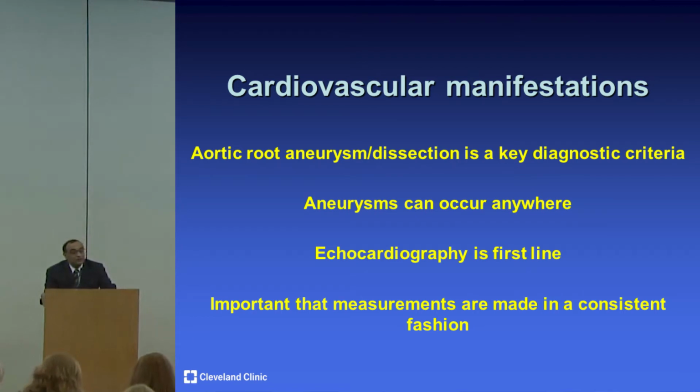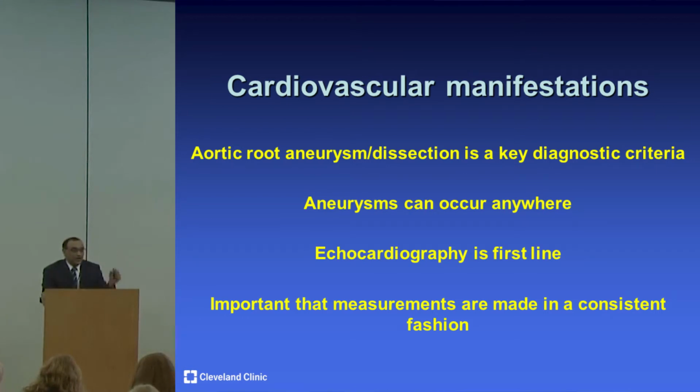So cardiovascular manifestations, obviously aneurysm and God forbid dissection. These are the key diagnostic criteria. Aneurysms can occur anywhere. Generally, to avoid the ramifications of radiation or what have you, echo is typically the first-line diagnostic modality for a given patient.